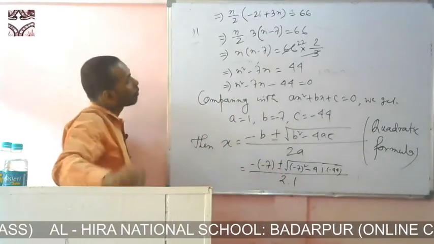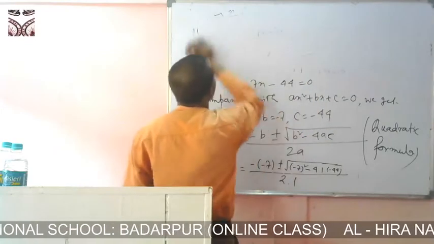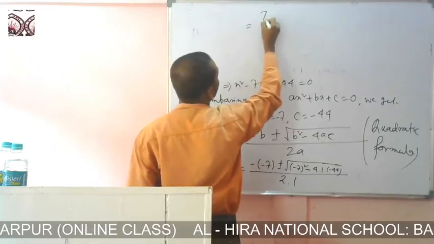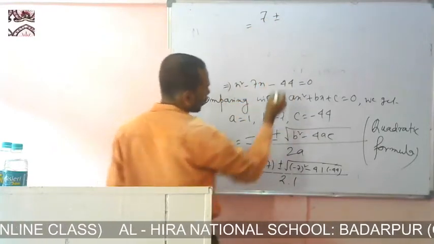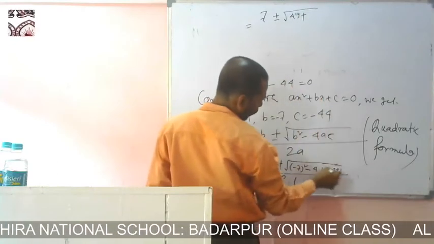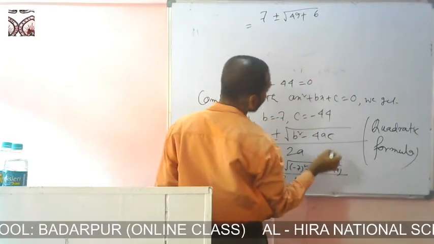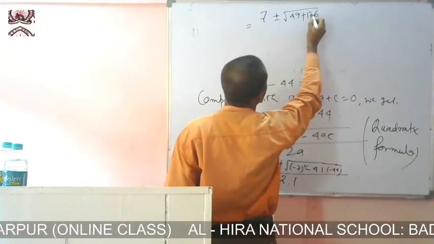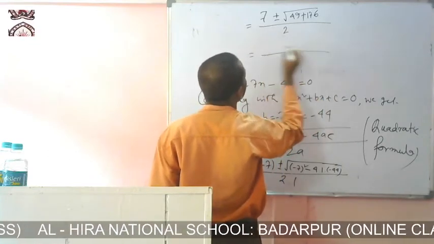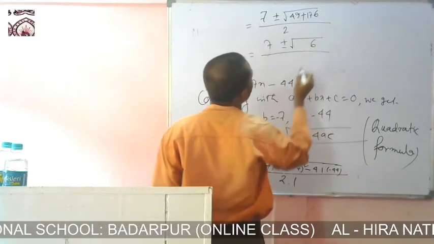So it is equal to 7 plus minus 7 square is 49 plus 4 into 44 is 176, so 49 plus 176 is 225, by 2.